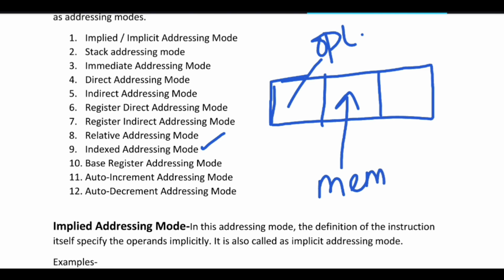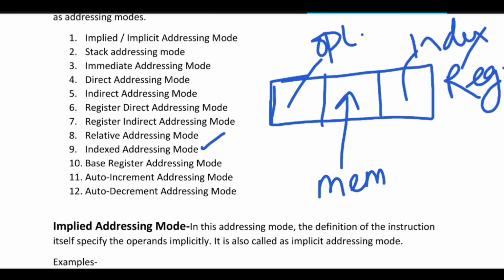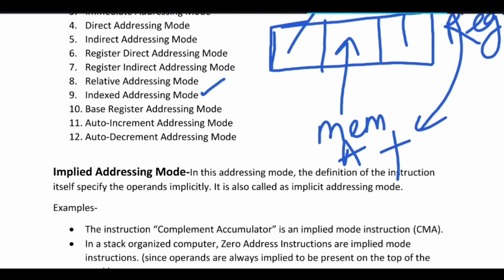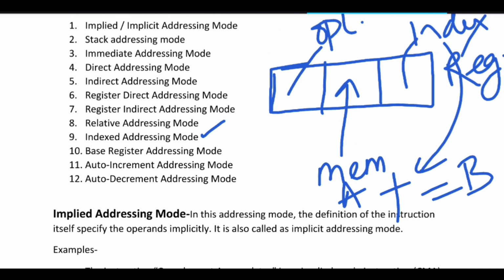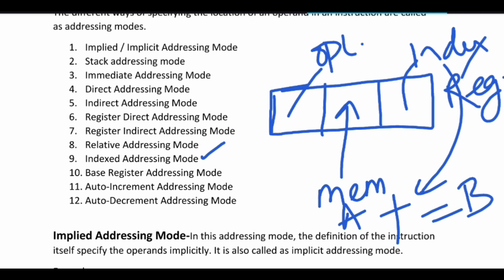This is a memory address, and this is the index register. This is the memory address of a. How can we find the other operand? We just add the memory address of a plus the index register value. Then we get our b value.